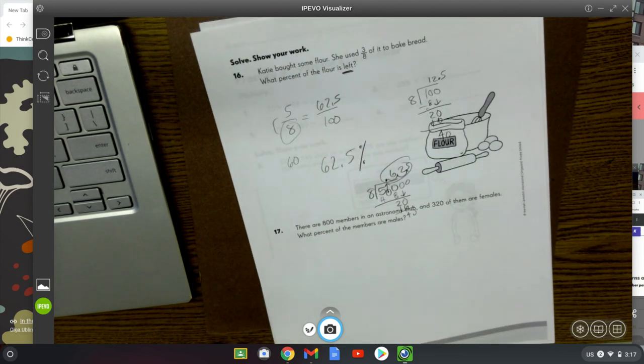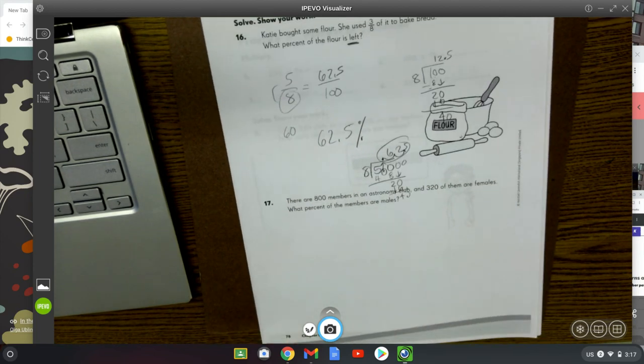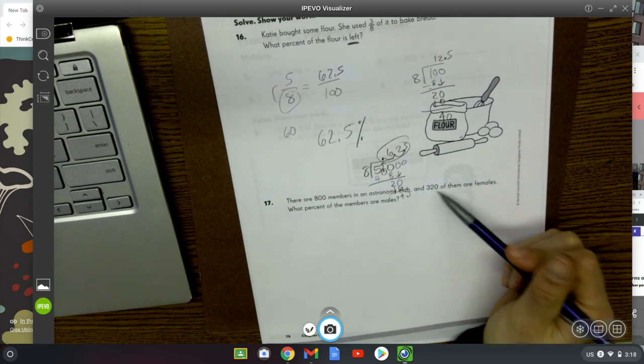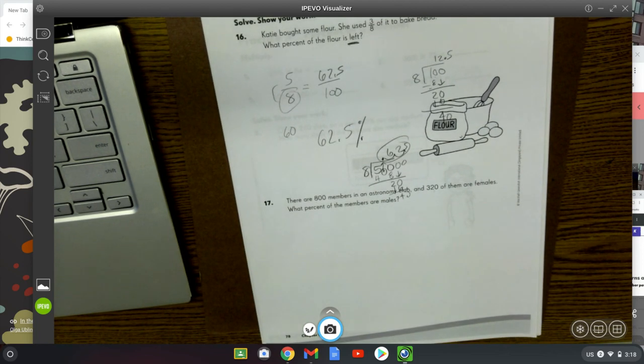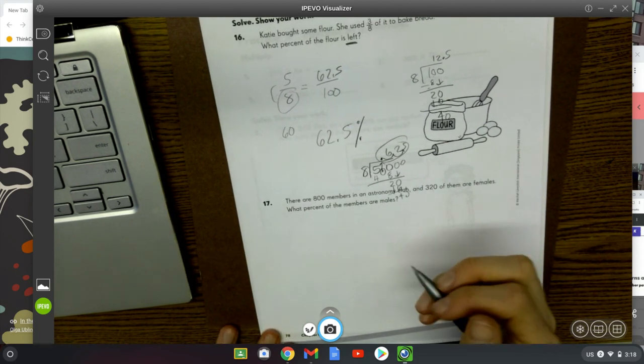All right, here we go. There are 800 members of an astronomy club, and 320 of them are females. What percent of the members are males? We already know that less than half are females, so we're going to get over 50% here. That should make sense.